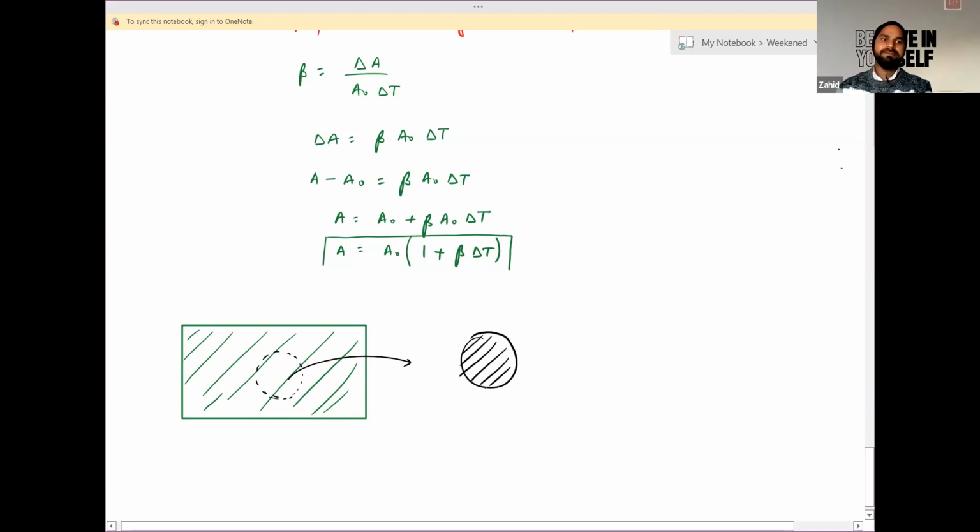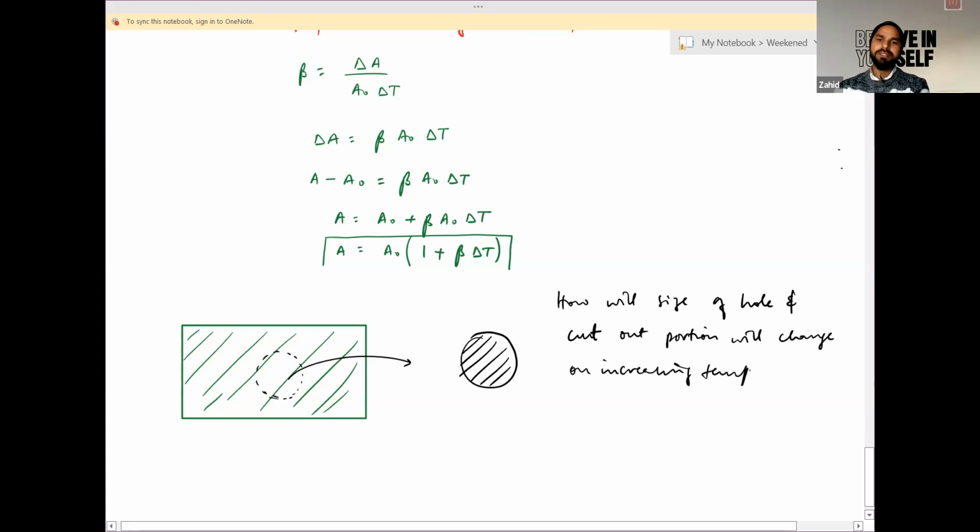So you'll be asked, how will the size of the hole and the cutout portion change on increasing temperature?